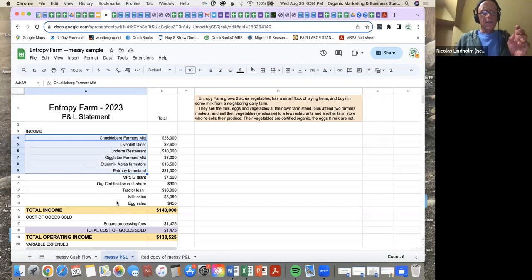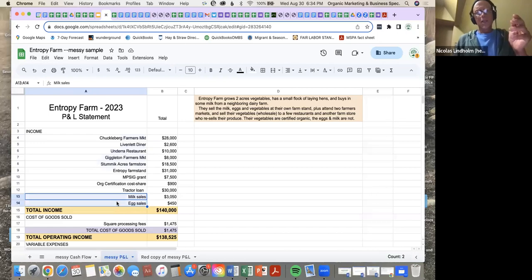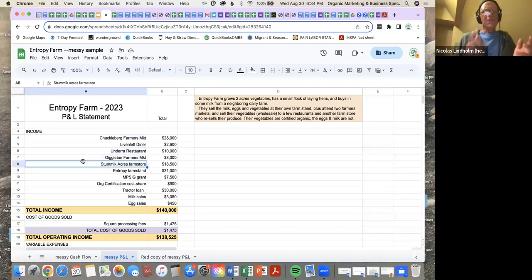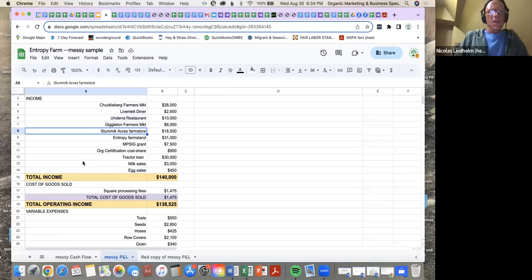But then they also have a couple enterprises. So they're mixing the market channel organization with individual enterprise organizations. And as a chart of accounts, it's better to choose one or the other. And I'll address that in a little bit after I start cleaning this up.